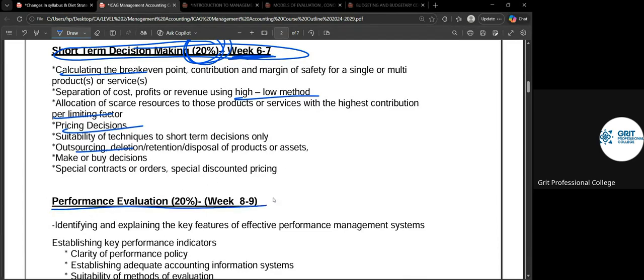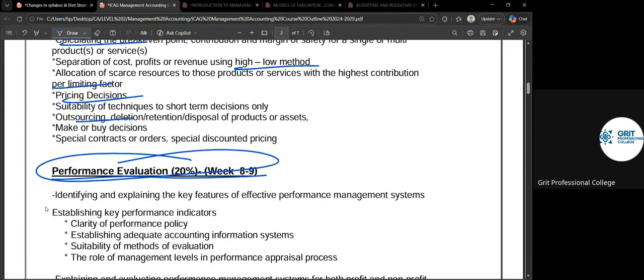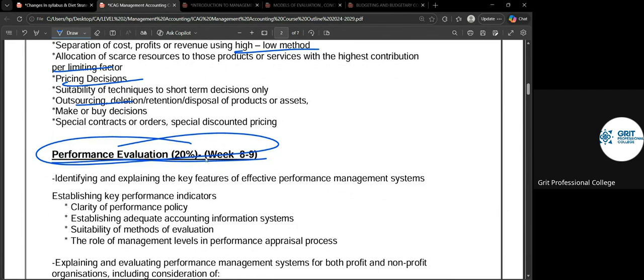Then we come to performance evaluation or performance measurement, the 8th and 9th week. And you see the mark weighting again, another 20 marks, so a total of 85 so far. For this particular area, we are going to look at so many aspects.